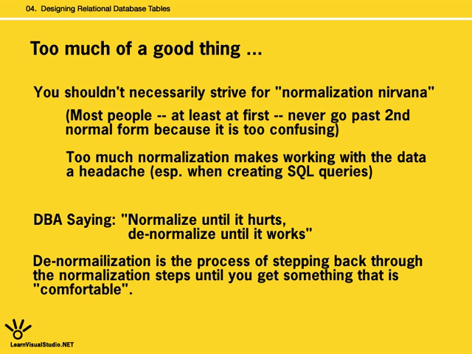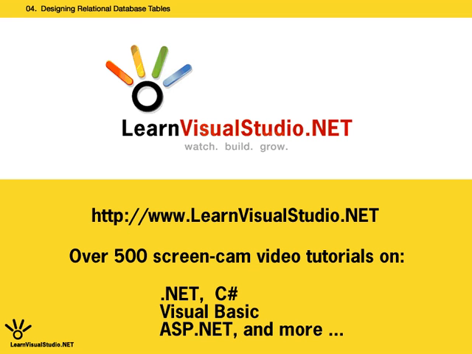Okay, so we've covered quite a bit of ground in this particular video. We talked about primary and foreign keys from a theory perspective and then demonstrated how to create those as well as relationships using the visual tools in Visual Web Developer 2005 Express Edition. We talked about how referential integrity is enforced by creating relationships between tables.